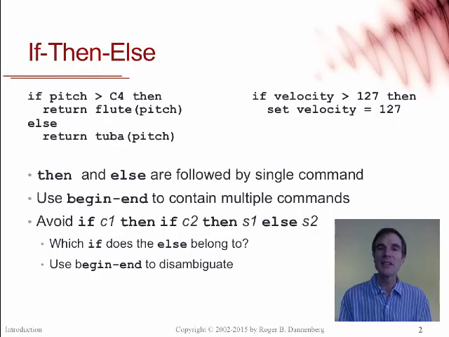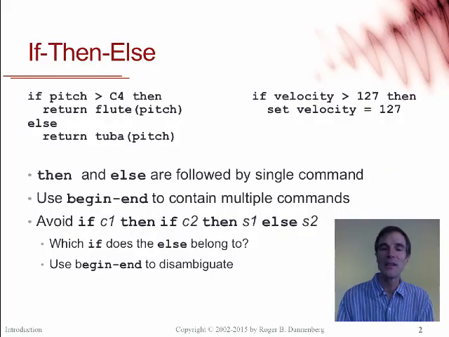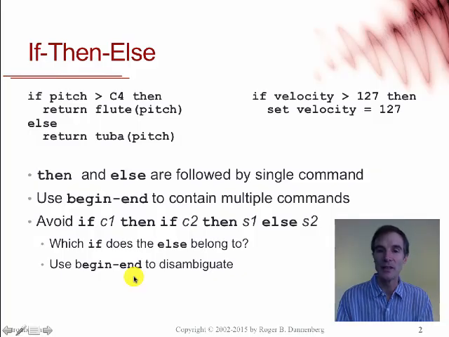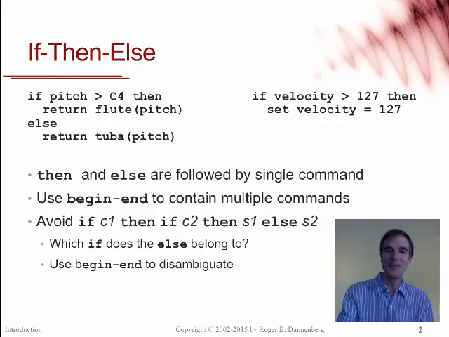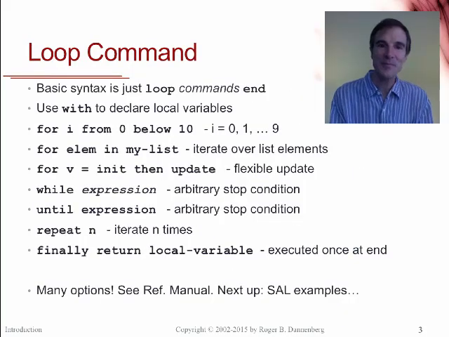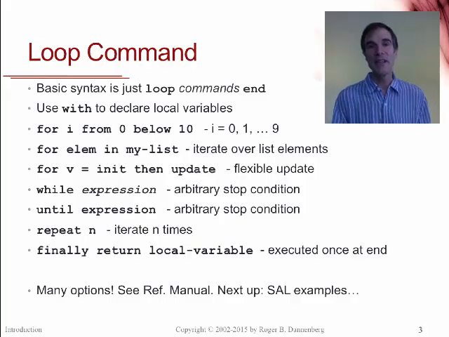To be honest, I don't even know, and I wrote this code. You should never write a statement like this. Instead, use begin-end brackets to disambiguate and remove the dangling else. And then even the reader will know what your code does. So that's if then else.